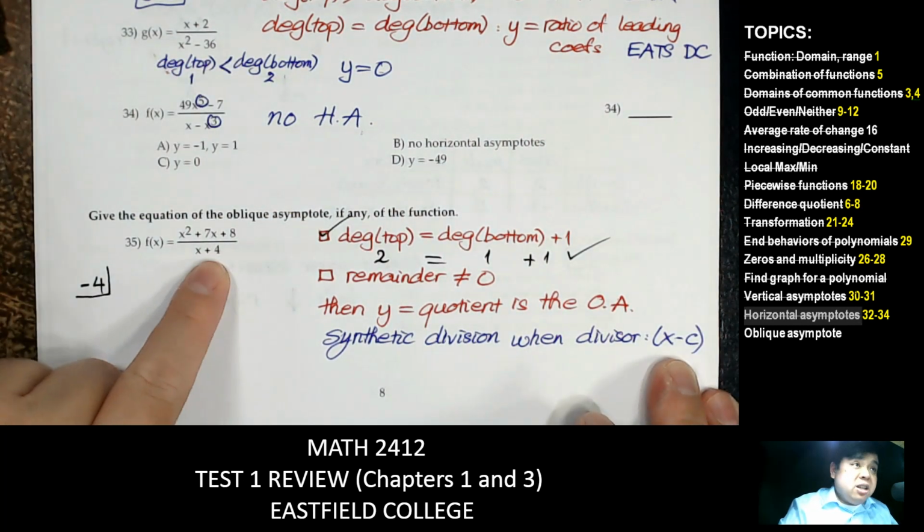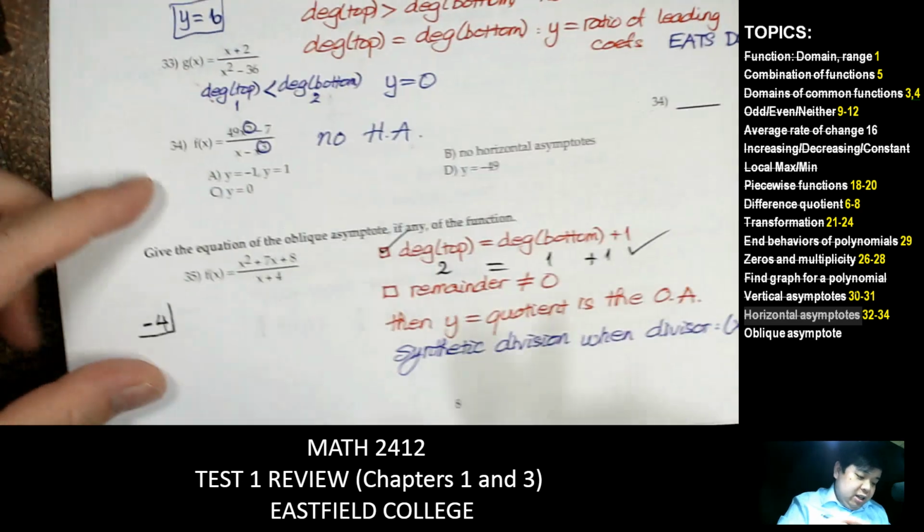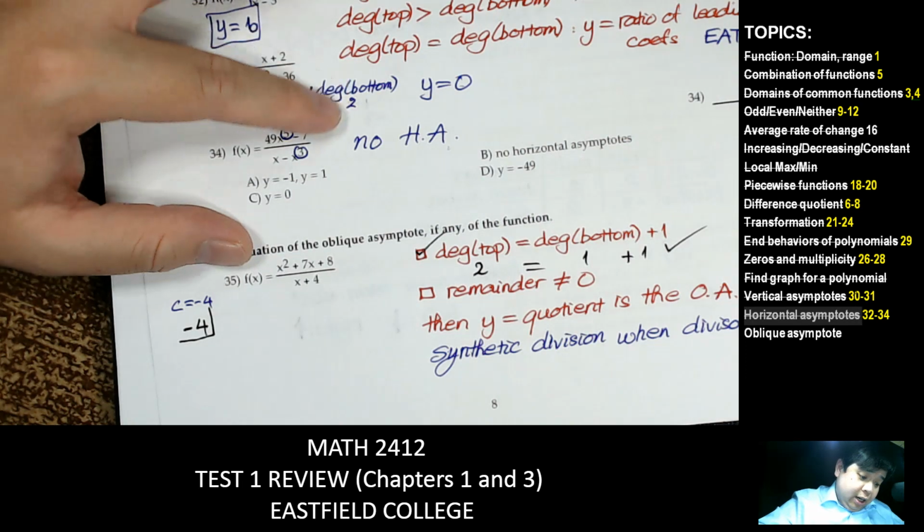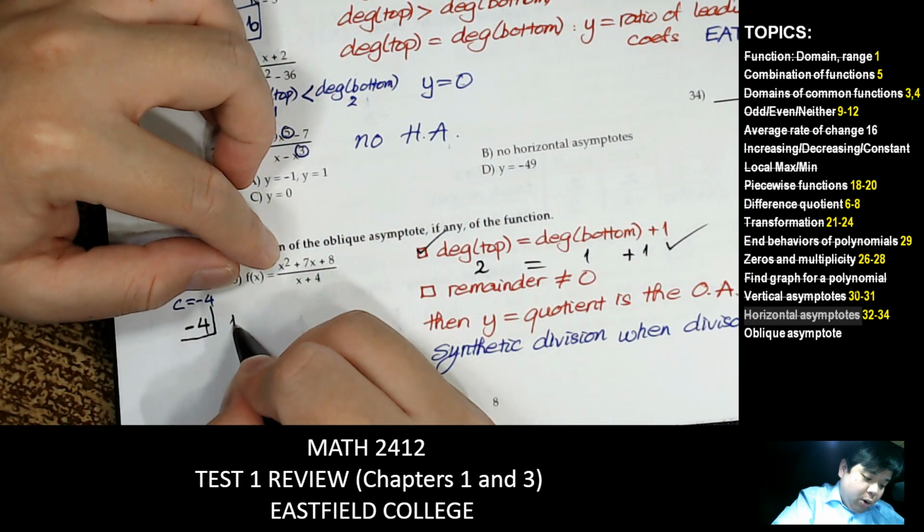So compare this and this: c is equal to negative 4. And then we have the coefficient 1.